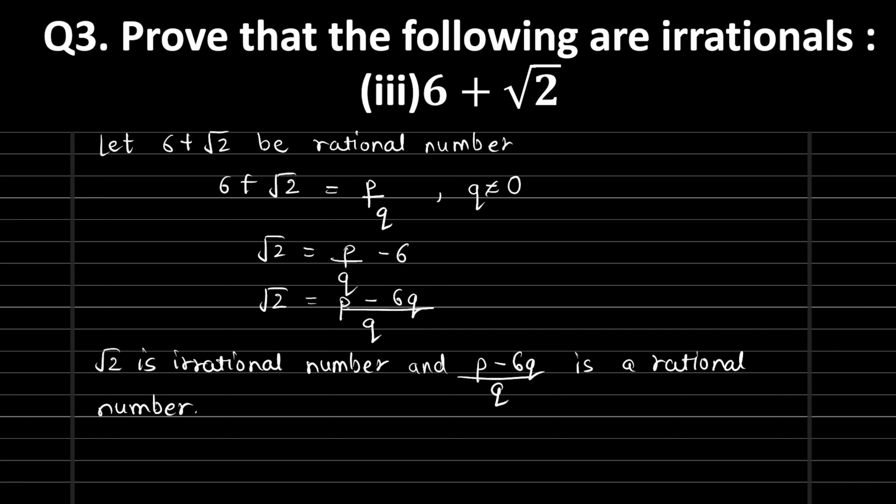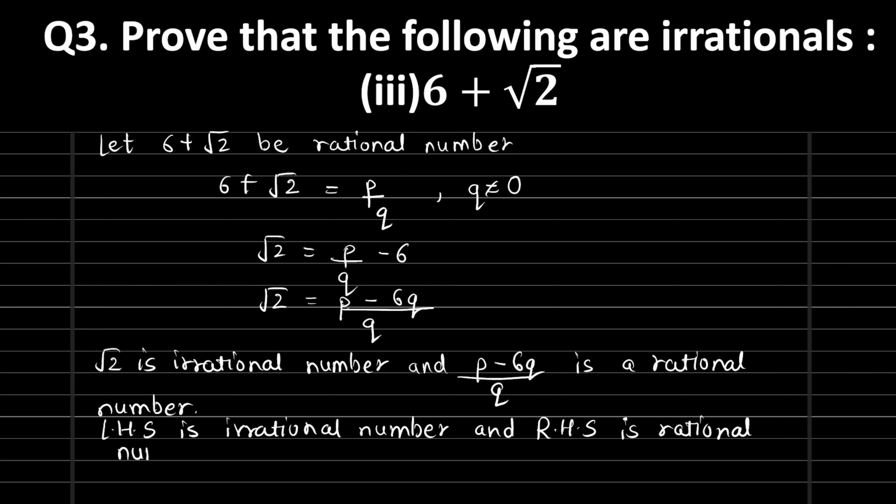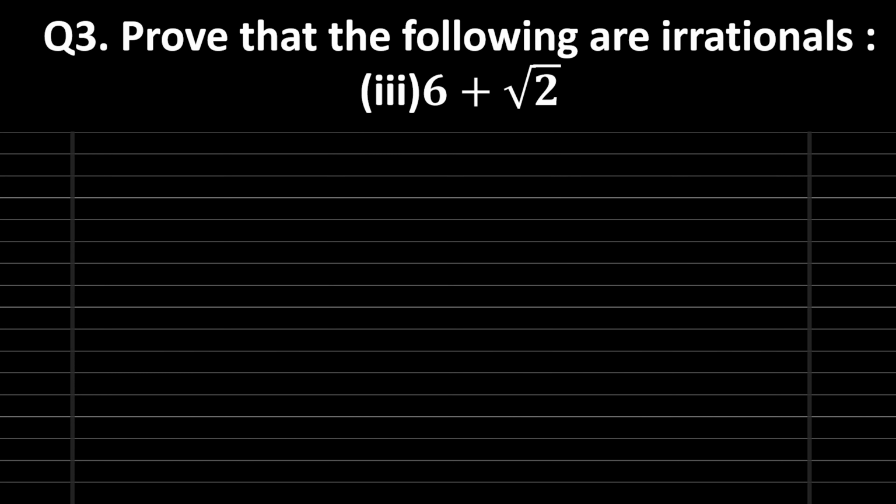So the left hand side over here is irrational and the right hand side is a rational number. Now there is a contradiction over here, right? Left hand side is an irrational number and right hand side is a rational number. So why is this a contradiction? An irrational number cannot be equal to a rational number.